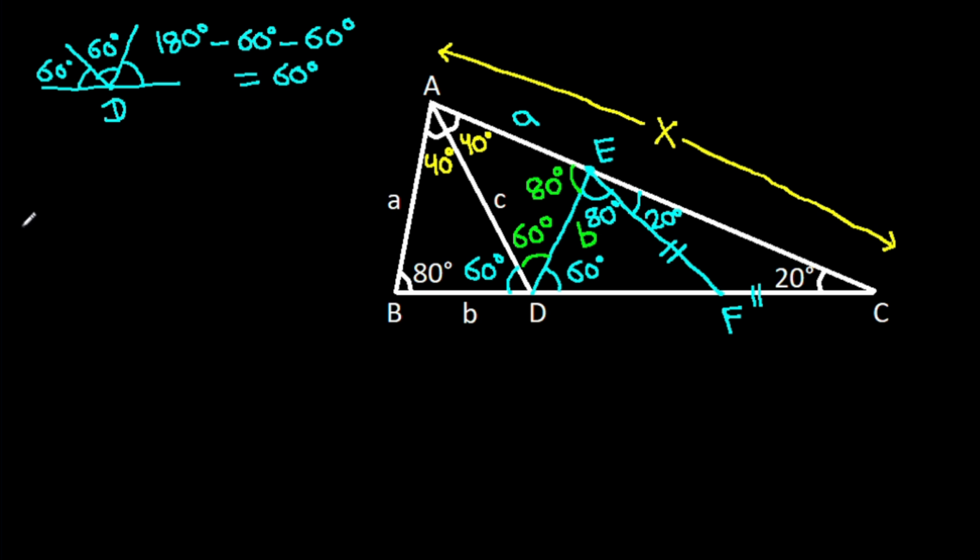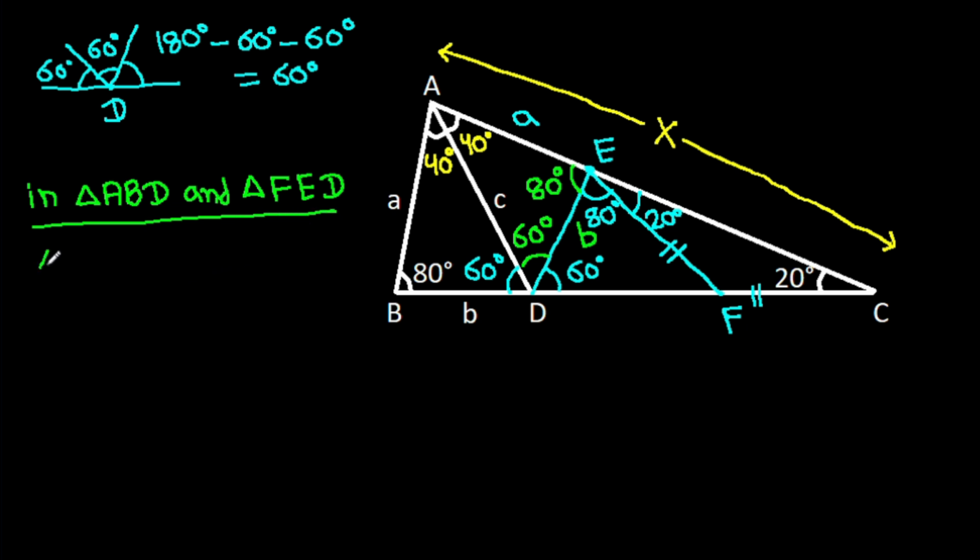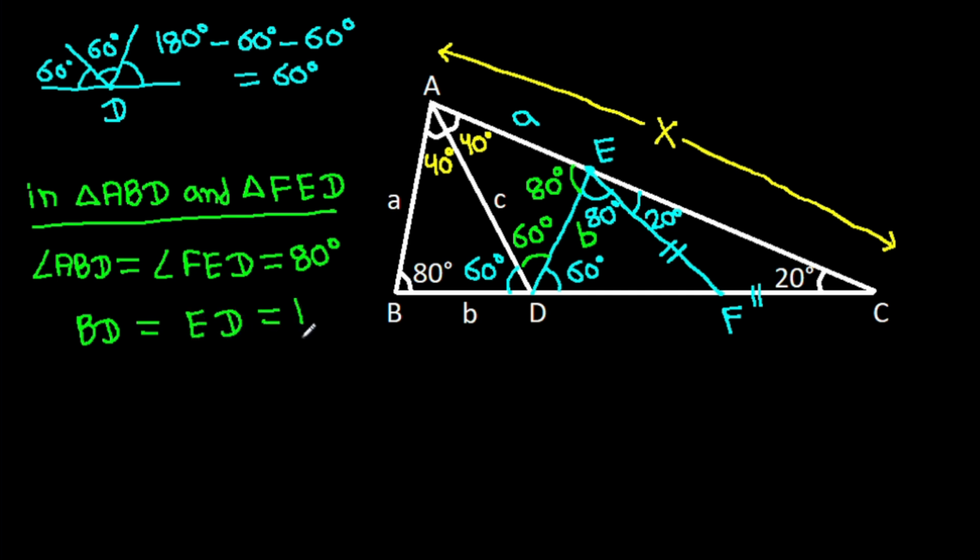And now in triangle ABD and triangle FED, we have angle ABD is equal to angle FED, that is 80 degrees, and BD is equal to ED, that is B, and angle ADB is equal to angle FDE, that is 60 degrees.